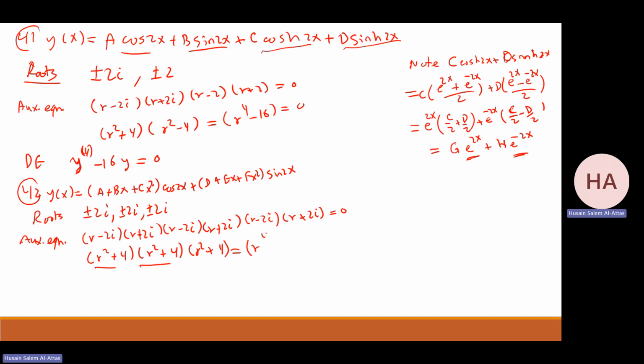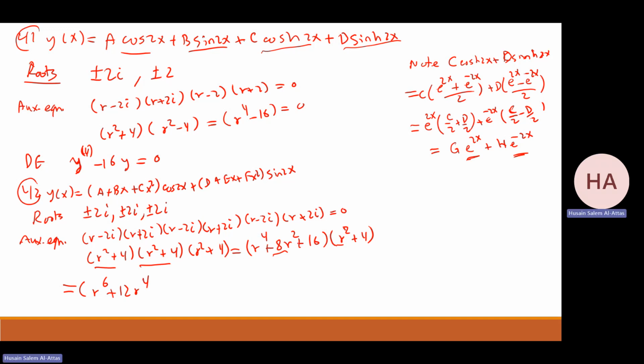I have r to the power 4 plus 8 r squared plus 16, times r squared plus 4. And that is what? r to the power 6. What will give me r to the power 4? This times this plus 4. So it's plus 12 r to the power 4. Okay.